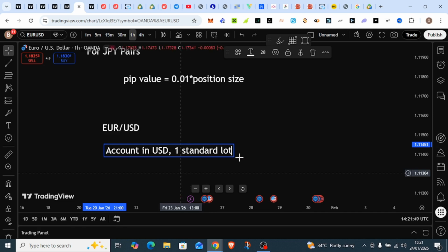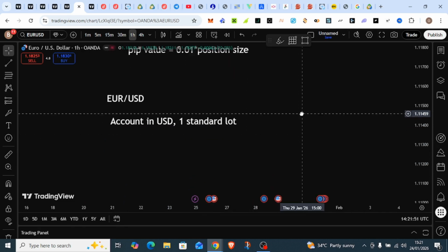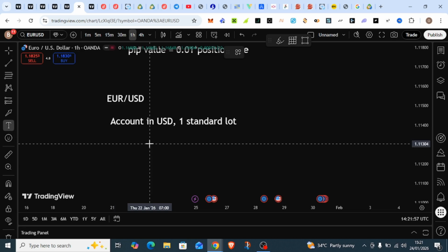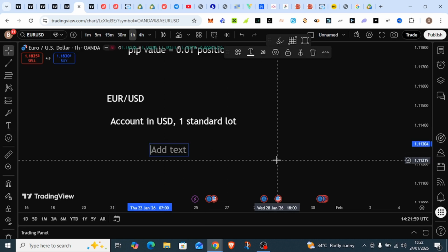So the pip value, as we already calculated, is $10 per pip. So no point repeating the same thing we've done before. So we have $10 per pip. That's exactly what you have here.